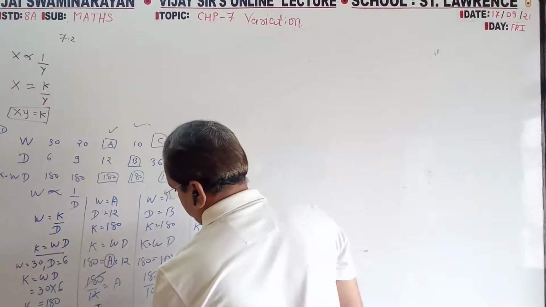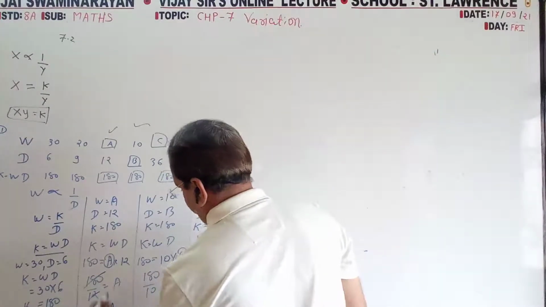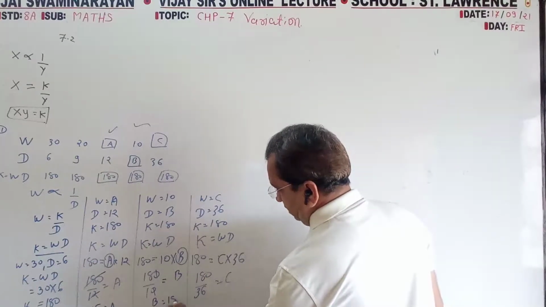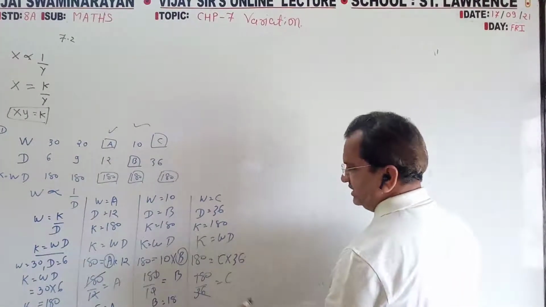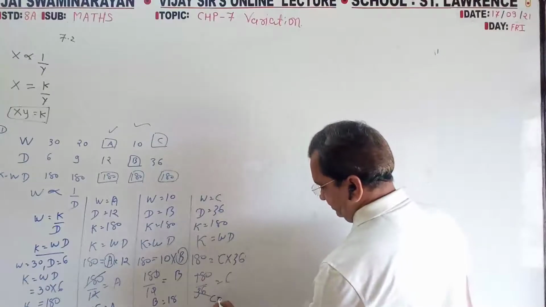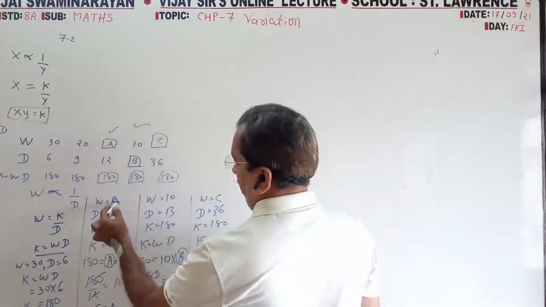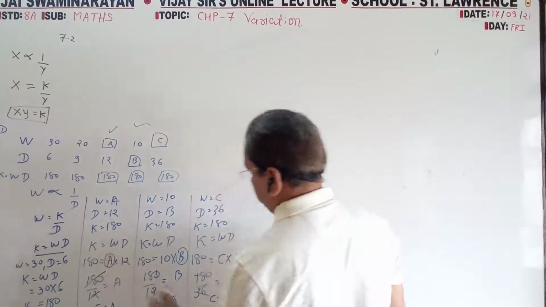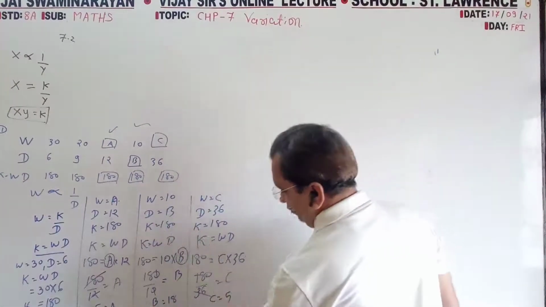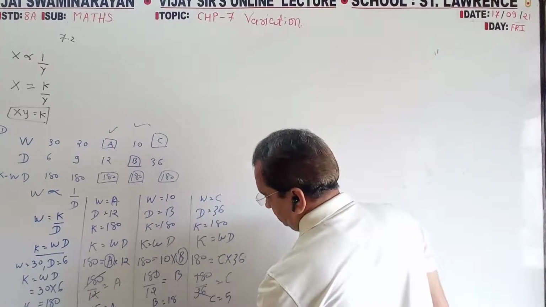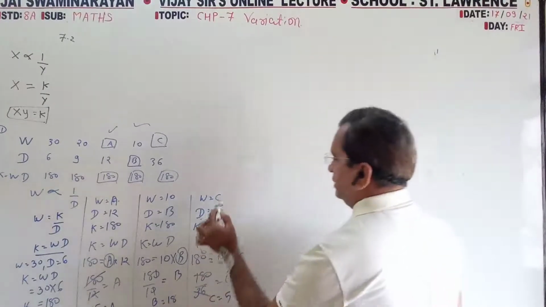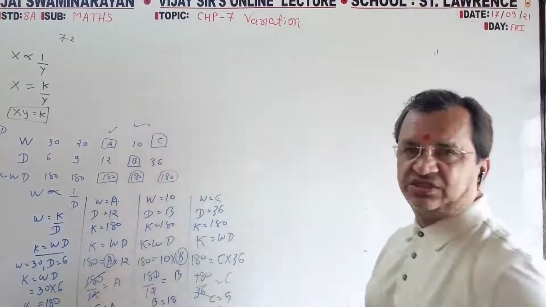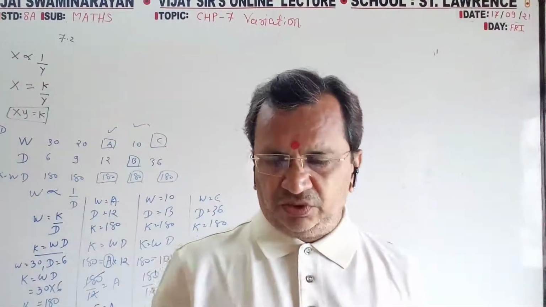Fifteens are. So A is 15. Zeros cancel. B is 18. 36 fives are. So A is what we have considered: W is workers, B is number of days, C is workers. Like this you have to solve the table.